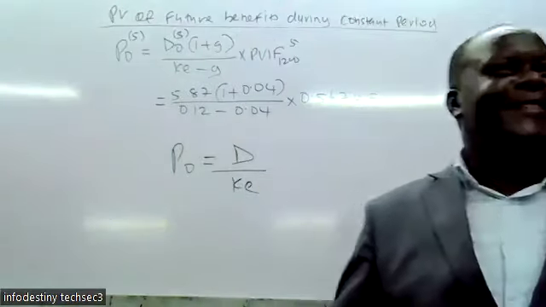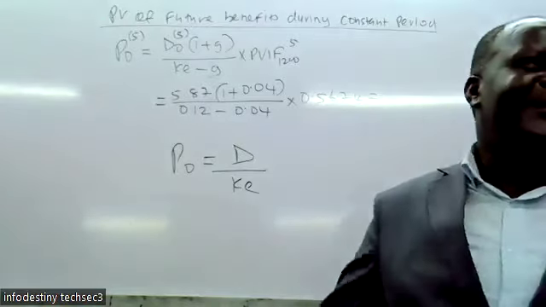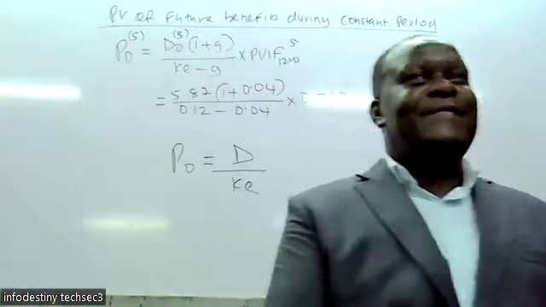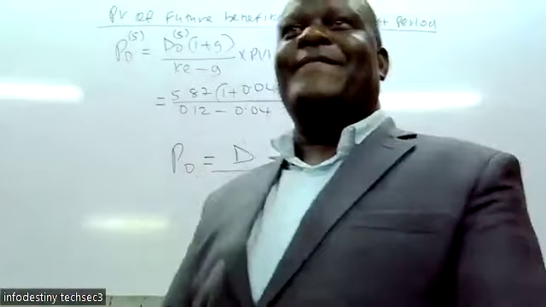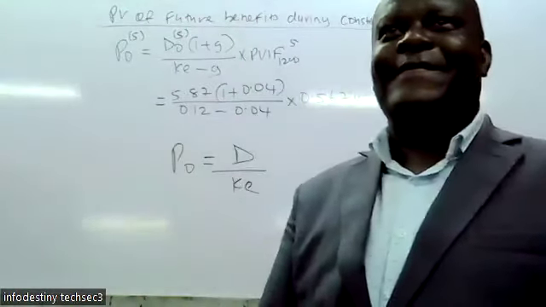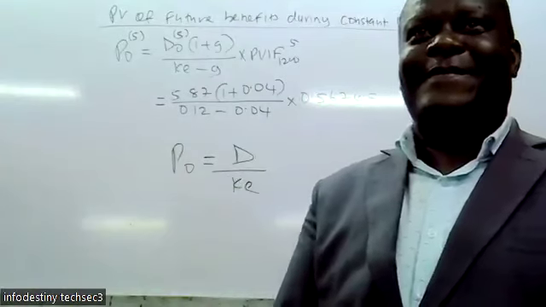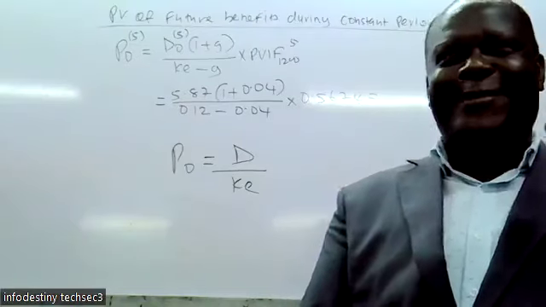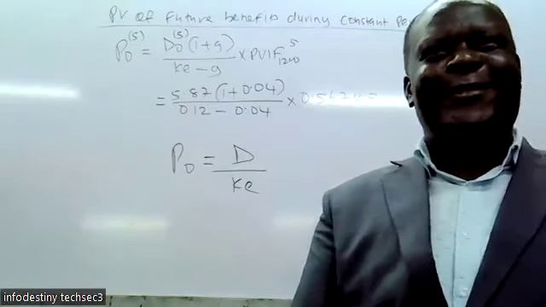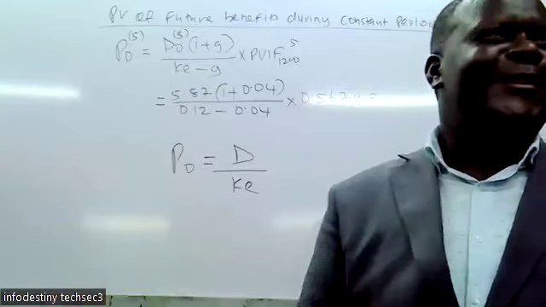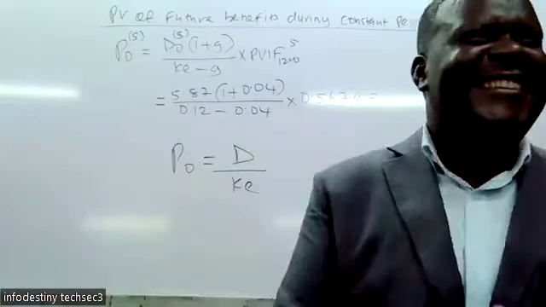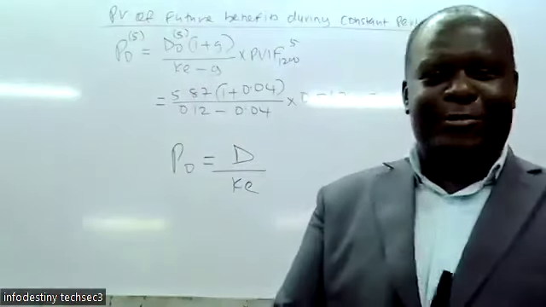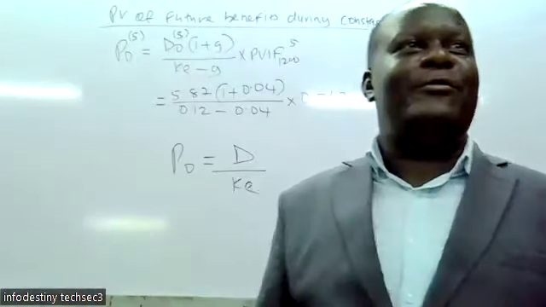I have given you the formula, but just in case you get a question, you do it that way. I have no question in the past paper. But when I go to the evaluation for the preference share, the formula will almost be the same.